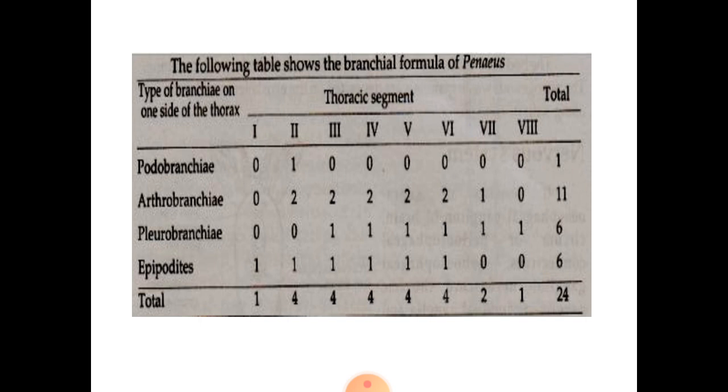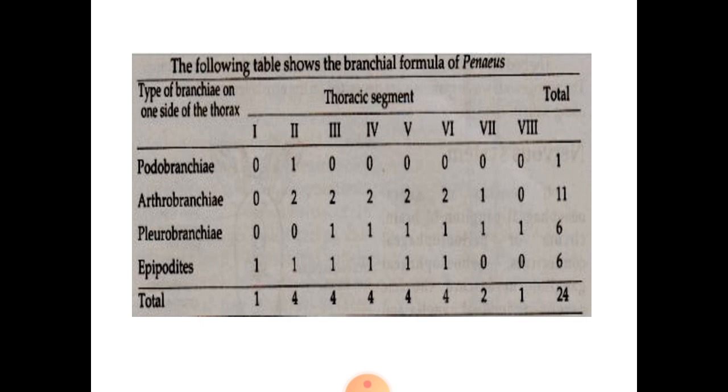These are the thoracic appendages. For example, the first appendage is the first maxilliped, but it has only the epipodite. Here the podobranchiae, arthrobranchiae, and pleurobranchiae are absent. So in total there are 24 structures, 18 gills plus 6 epipodites.